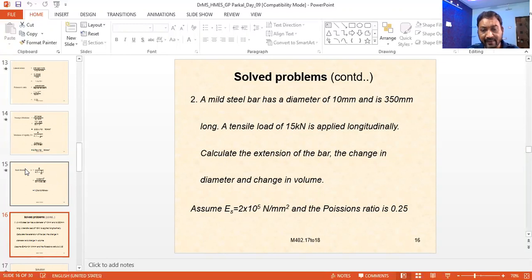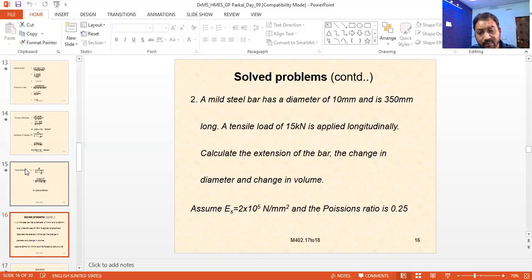Calculate the extension of the bar, the change in diameter and the change in volume.